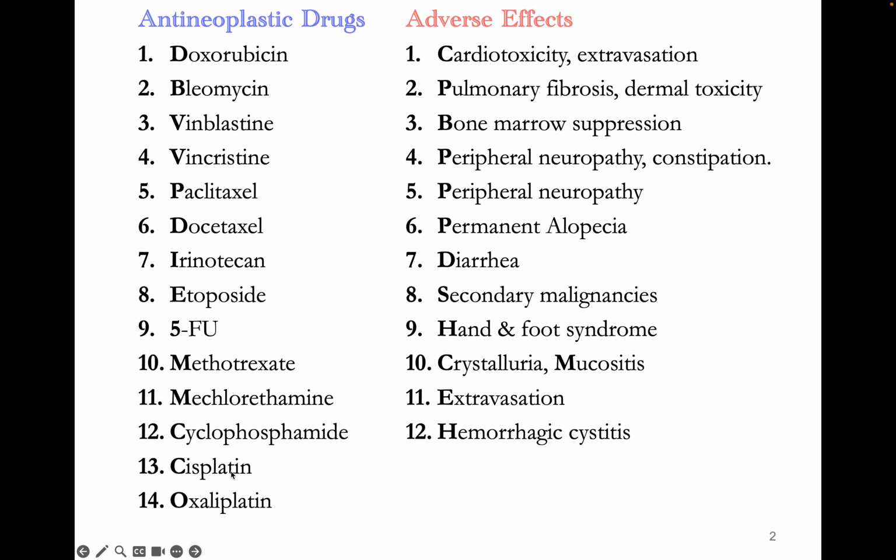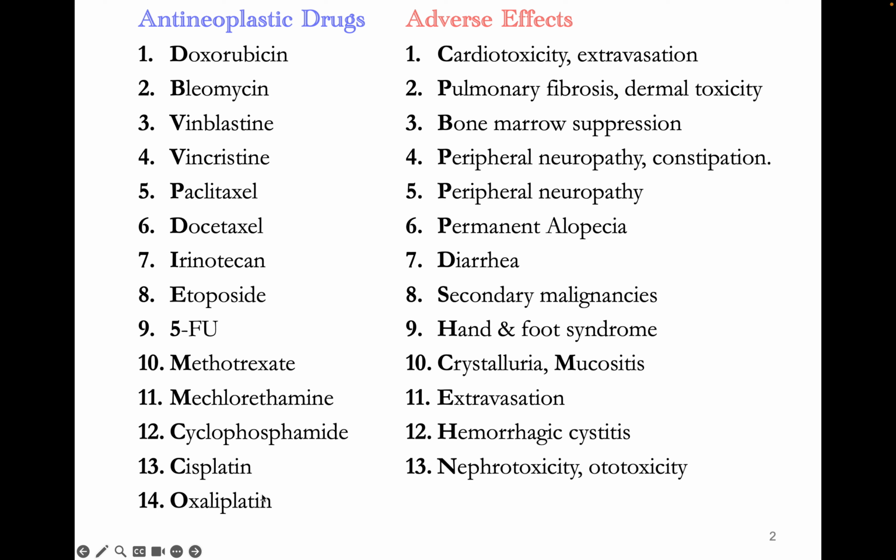But platinum analog cisplatin damages nephrons and can also cause damage to the cochlea. So ototoxicity leads to deafness and tinnitus. So what is the big deal about that? Reason? Both the renal toxicity and the ototoxicity are irreversible adverse effects of cisplatin. This is also one of the highly emetogenic drugs out of all the cancer drugs.